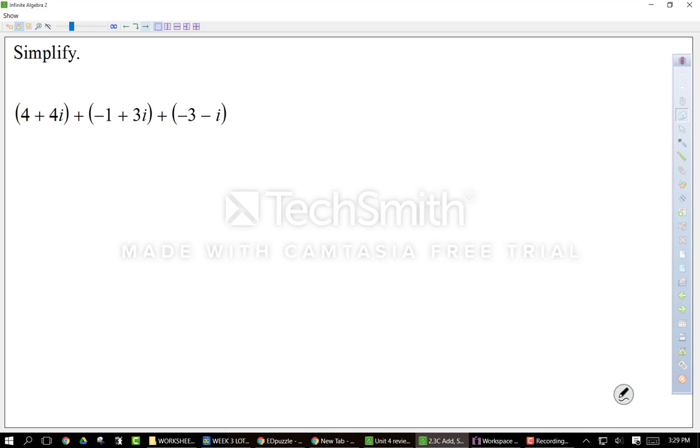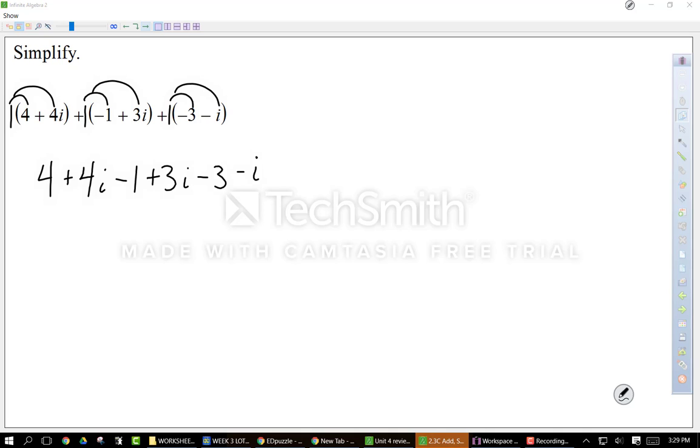Next example. You notice I have 3 sets of parentheses. That doesn't matter. Again, 1 times all of that is just what's inside. 1 times all of that is just what's inside. 1 times all of that is just what's inside.